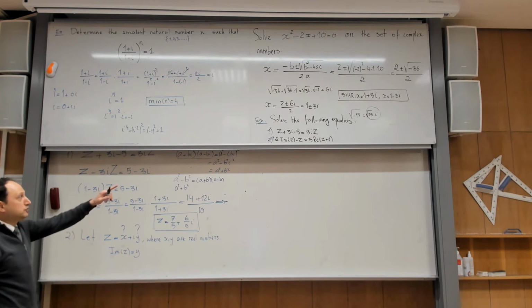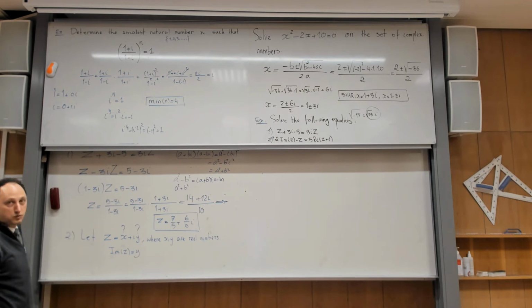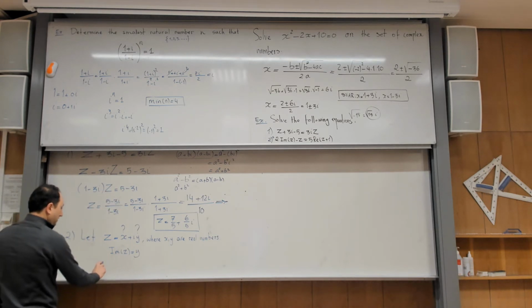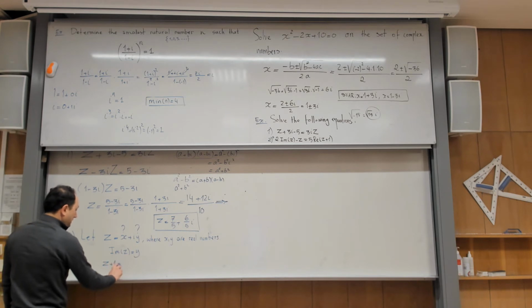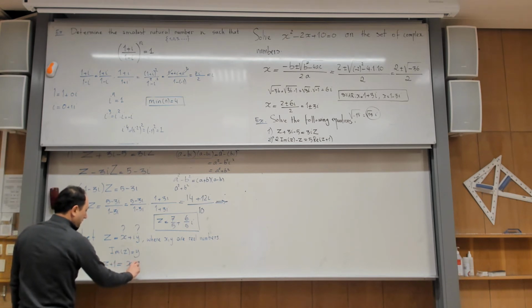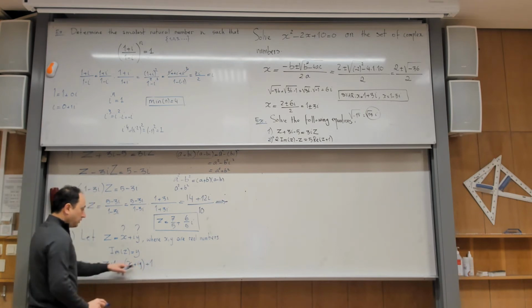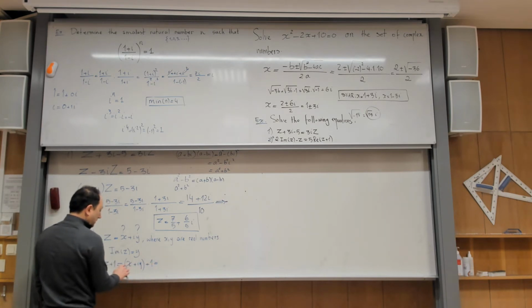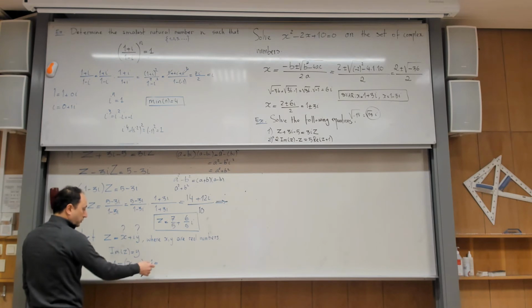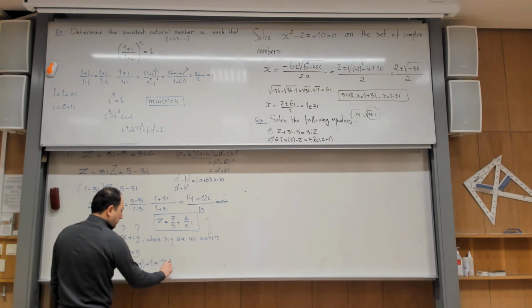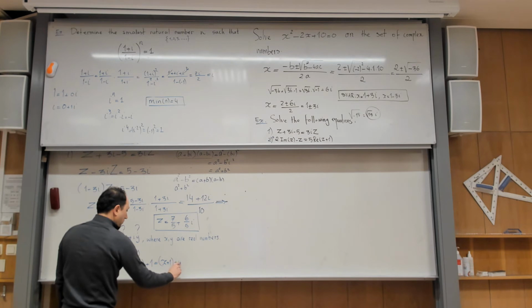But what happens for the real part of z plus 1? I have to first calculate z plus 1. So what is z plus 1? z is this one, and then plus 1. But if I want you to do this calculation, x is real, 1 is real. If I want to add, it becomes x plus 1, and then plus iy.